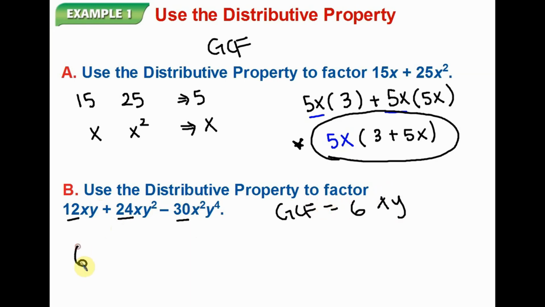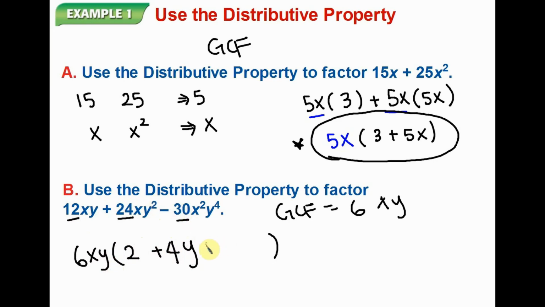Then if I pull out 6xy from each term, I need to figure out what to multiply 6xy by to get the terms back. So for example, 6xy times... plus 6 times 4 will give you 24, and I already have xy, but the original had xy squared, so I need to multiply by one more y to get xy squared.